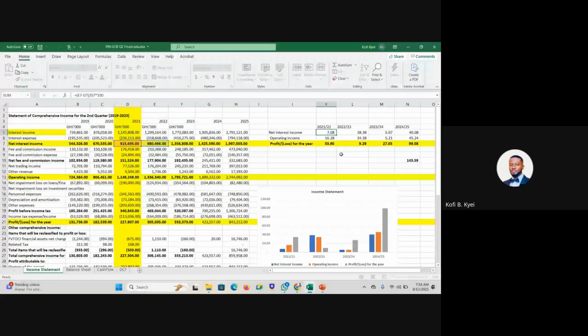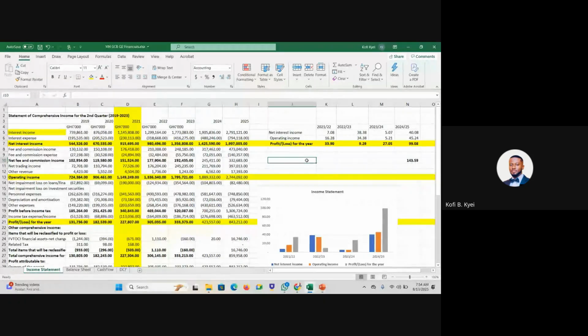So the calculation is that, okay, let me use today and yesterday as an example. We want to find out the percentage change between, let's say, price. Let's say you have a book that today you ask the price, it's, let's say, 500 cedis.